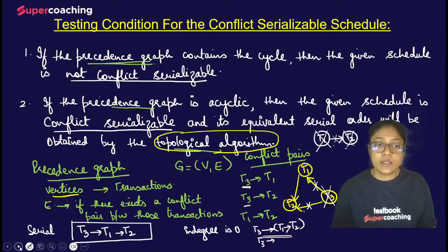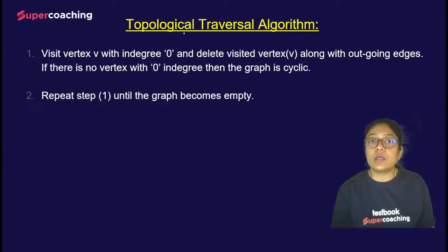Okay, I have written the steps for you of the topological traversal algorithm. In this, what we are doing is we are starting the process from the vertex with the in degree 0.